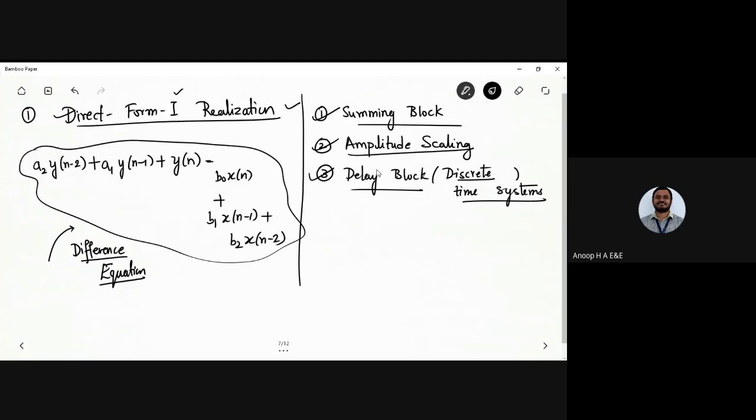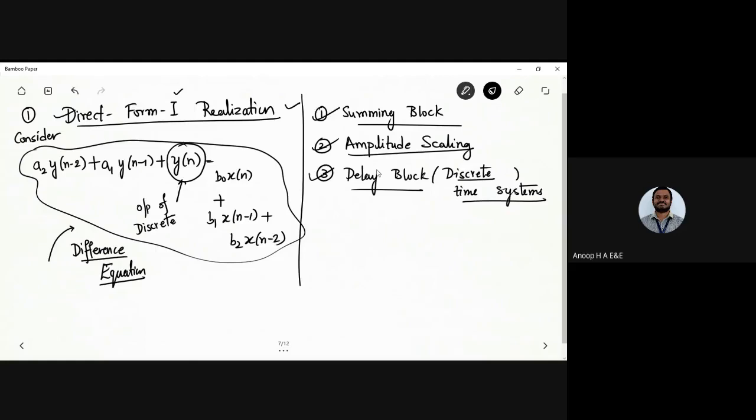This is just considering one difference equation. It might be n minus 3, n minus 4, or n minus k, y of n minus k, and on the other hand the input signal is also being delayed. Now if I observe this difference equation carefully, y of n is the output of the discrete system.